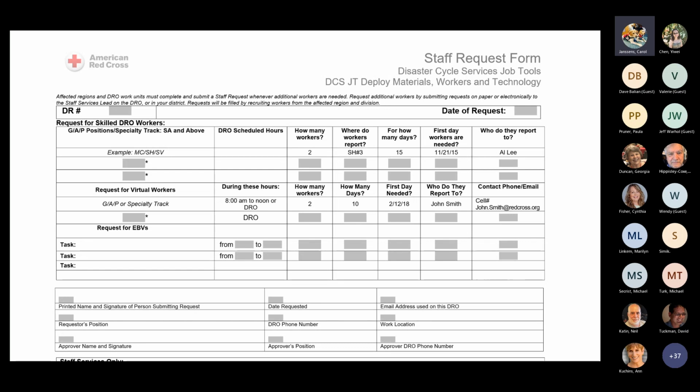So the EBVs can sign up. They're given basic brief training, they sign confidentiality papers, and they do a background check on them. Then they may work in your shelter or any other job that needs to be done with the Red Cross. So this is the form that is used again.